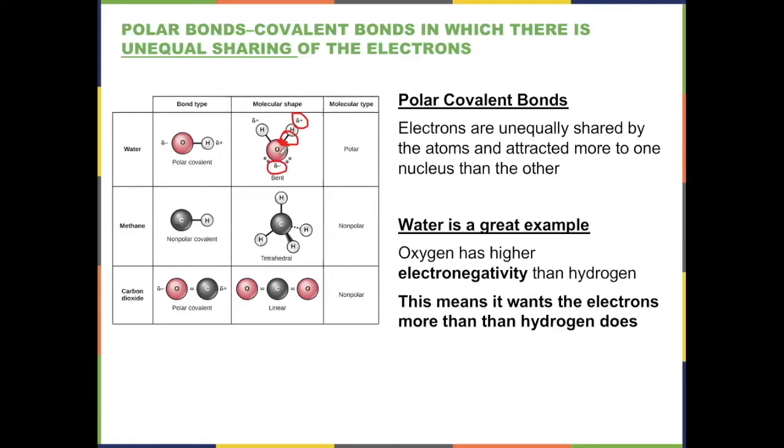By the way, if we contrast what happens in water with what happens in molecules that are made up of carbon and hydrogen, those actually have a really similar electronegativity. So overall in this molecule, the electrons are kind of equally distributed around. Now again, when it's unequal, we call that a polar covalent bond.